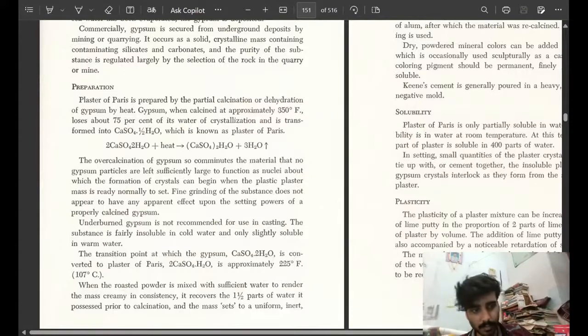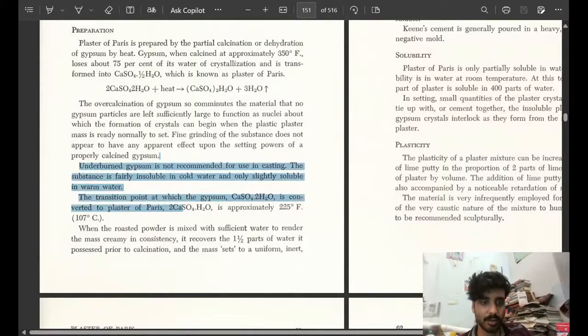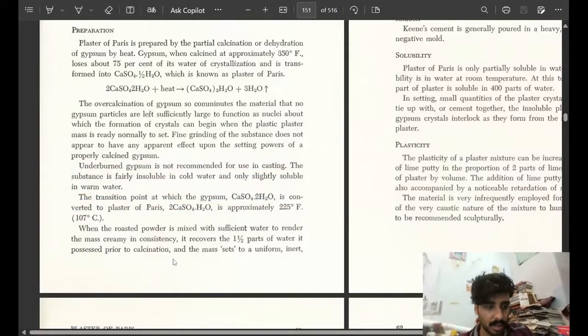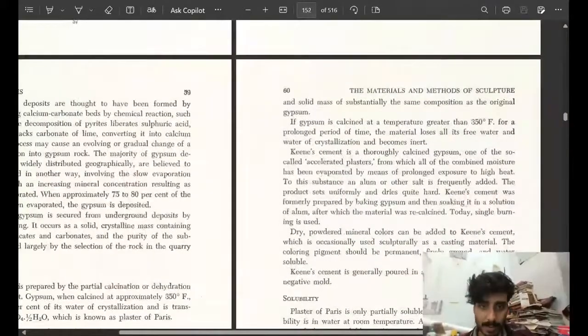When the roasted powder is mixed with sufficient water to render the mass creamy in consistency, it recovers the 1 to 1.5 parts of water it possessed prior to calcination. The mass sets to a uniform, solid mass of substantially the same composition as the original gypsum.